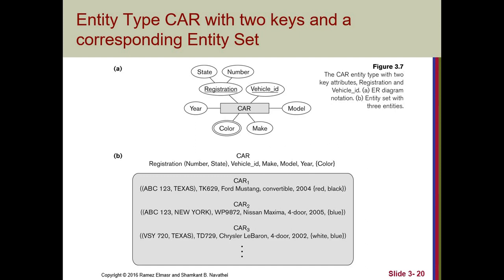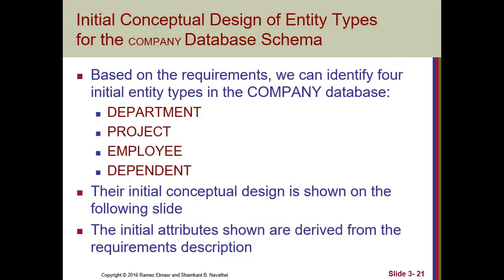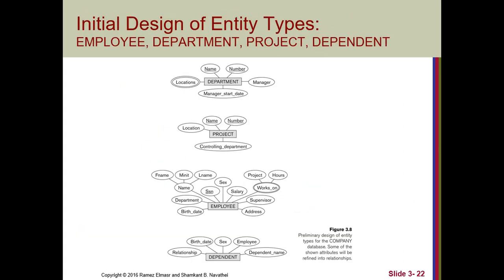The registration number is more than likely your license plate number. There could be more entities within the company database, but these are the examples provided by your textbook. This is an entity relationship diagram for each of the 4 entities, but not an overall entity relationship diagram for the company database.